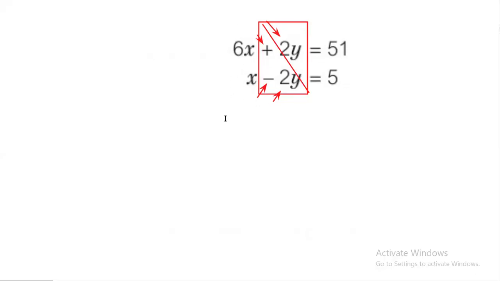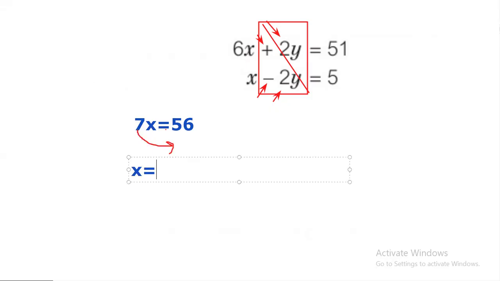So 6x plus x is 7x. And then 51 plus 5 equals 56. Now I need to make x the subject, to find the value of x. Because this is multiplied, I'm going to take it to the other side by dividing.